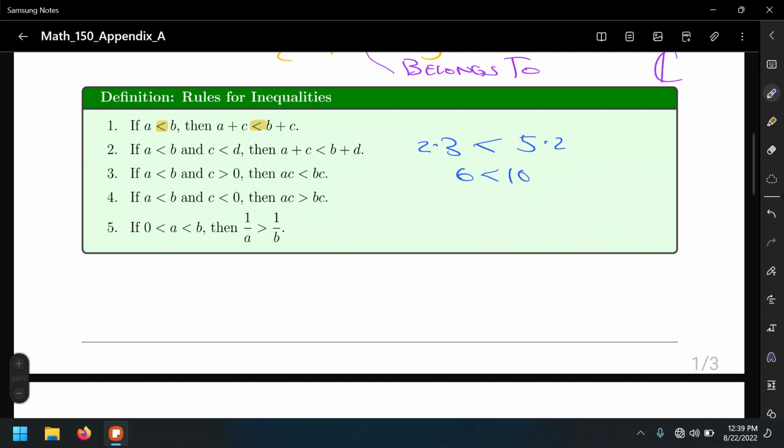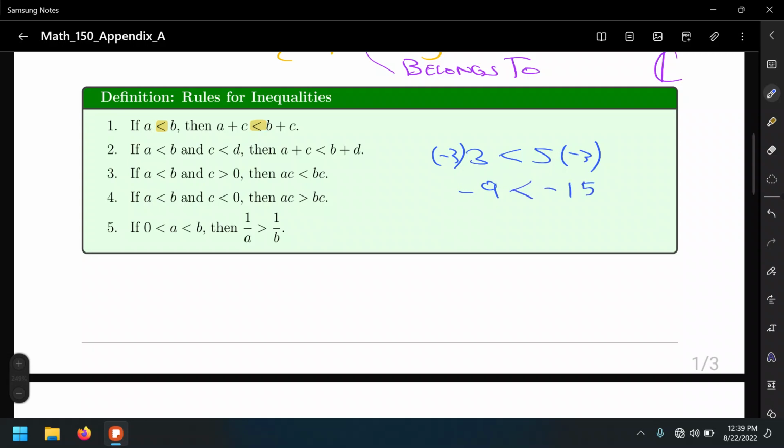However, number 4 tells us the following. Let me take the same example, 3 less than 5. But in this case, if I multiply by a negative number, let's say negative 3, what do we get? Negative 3 times 3 is negative 9. 5 times negative 3 is negative 15.